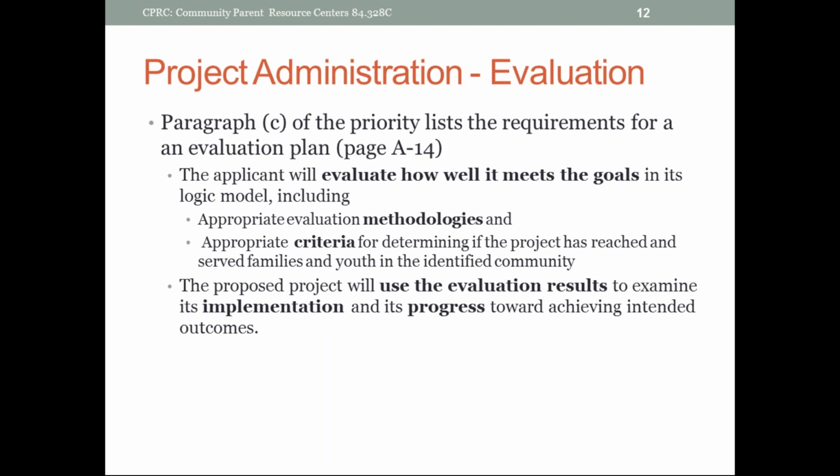It also means that you have to be careful, you have to be using appropriate evaluation activities for the budget. So if you can only have $100,000 a year, you're going to be limited in what kind of evaluations you're going to be able to do with that funding. And that's okay, because that would be appropriate for the funding of your project.